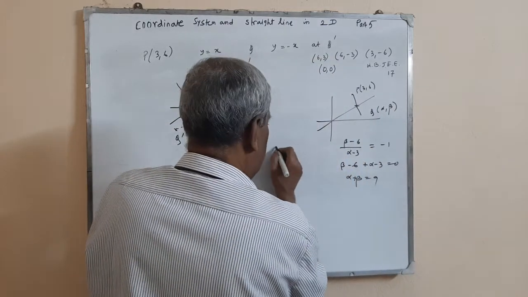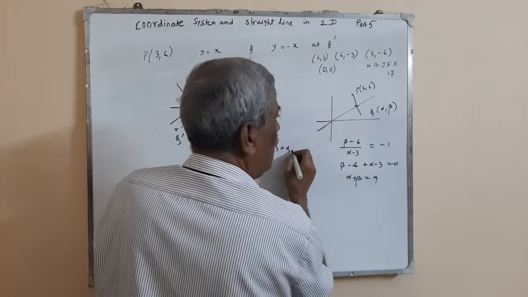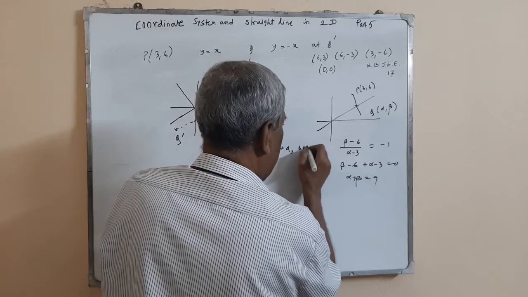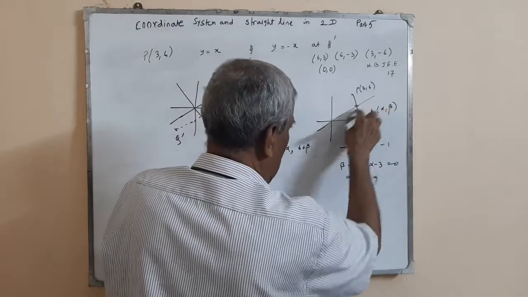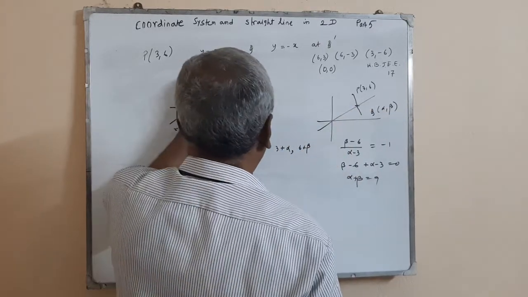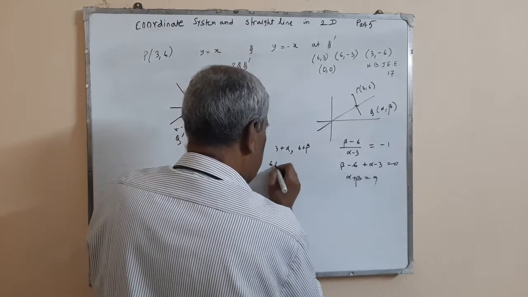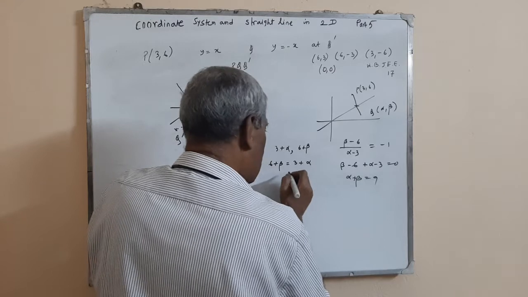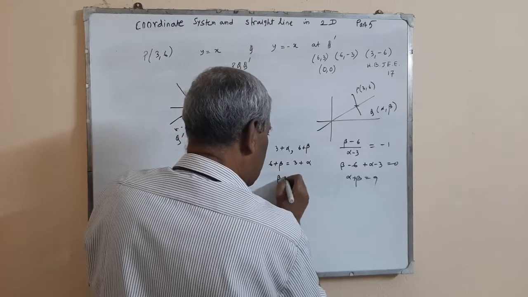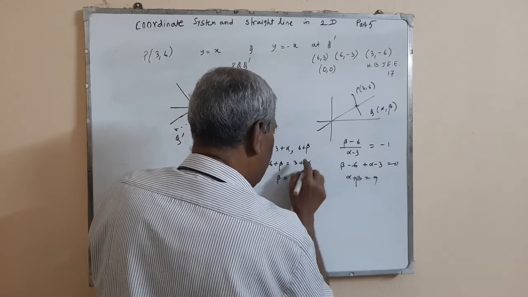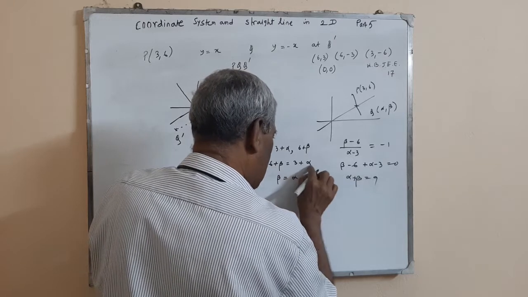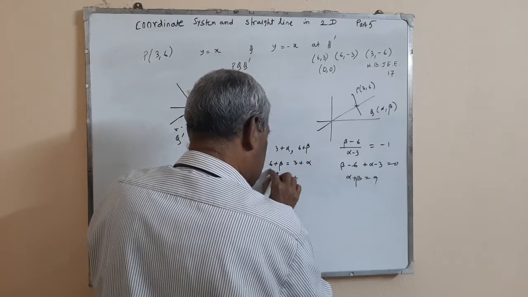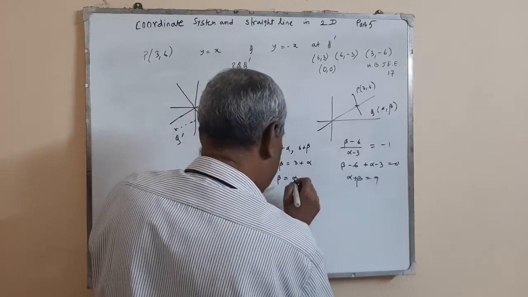And secondly, its midpoint is 3 plus alpha, comma, 6 plus beta, and this lies on y is equal to x. So 6 plus beta is equal to 3 plus alpha. So we get beta is equal to alpha minus 3.